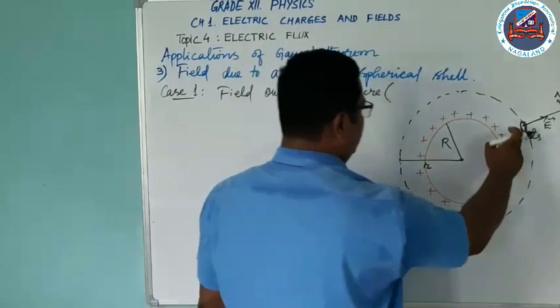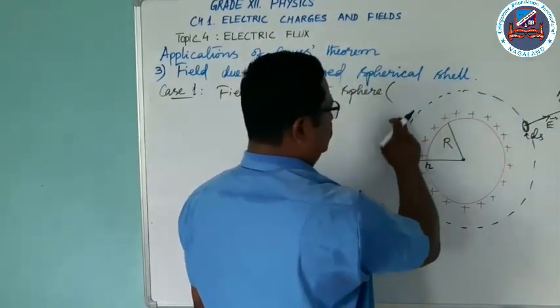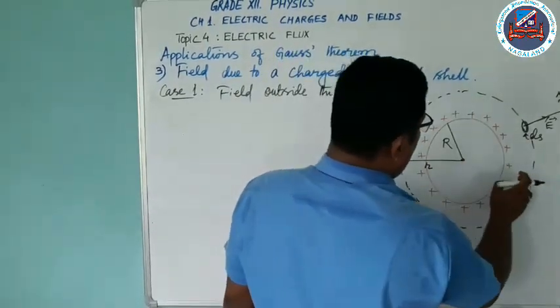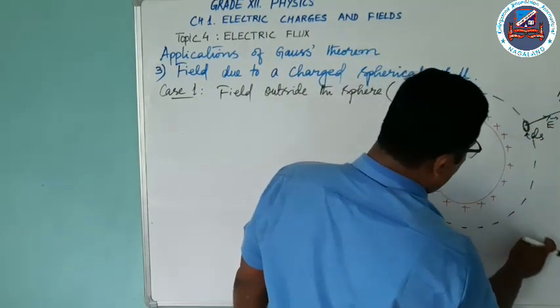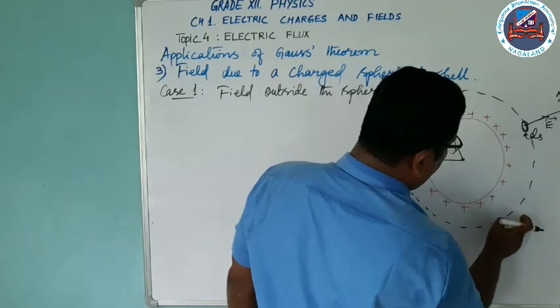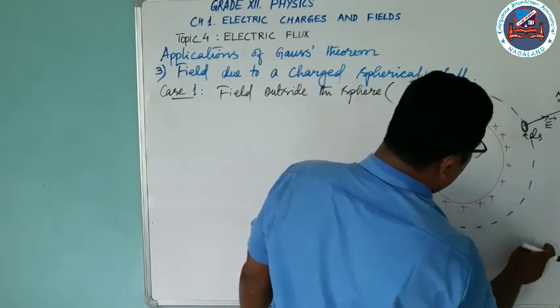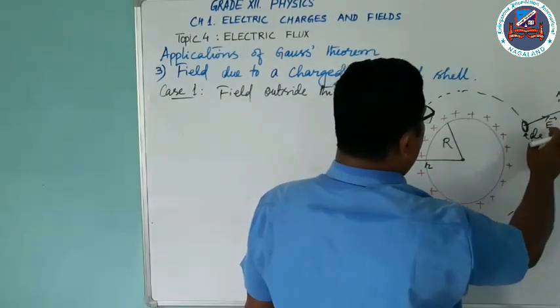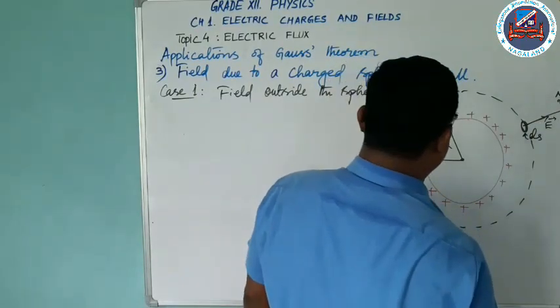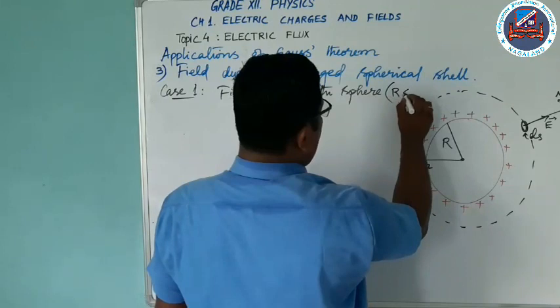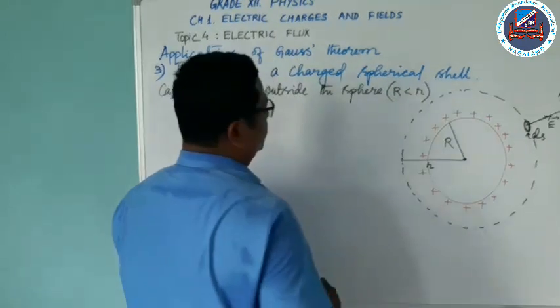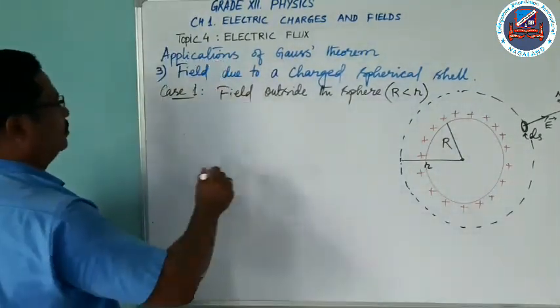You can take this area element anywhere on the surface as you like. Everywhere it will remain the same because here also electric field line is passing this way. If I take one area here, area vector also will point in the same direction. Angle between E and ds will be 0 degree. Let us see, in this case, R, capital R, is less than small r.